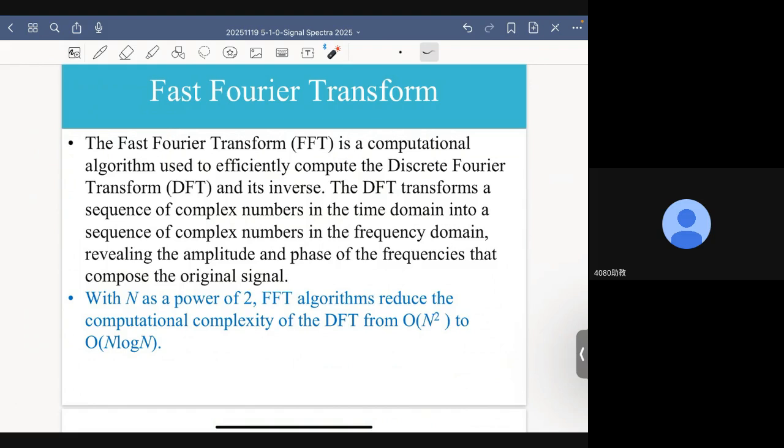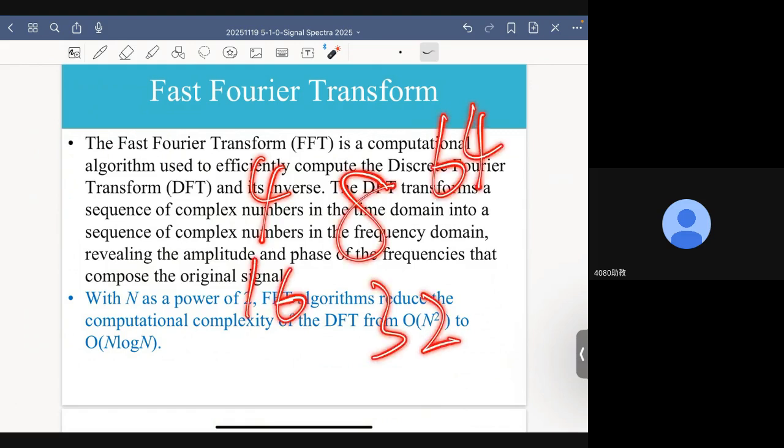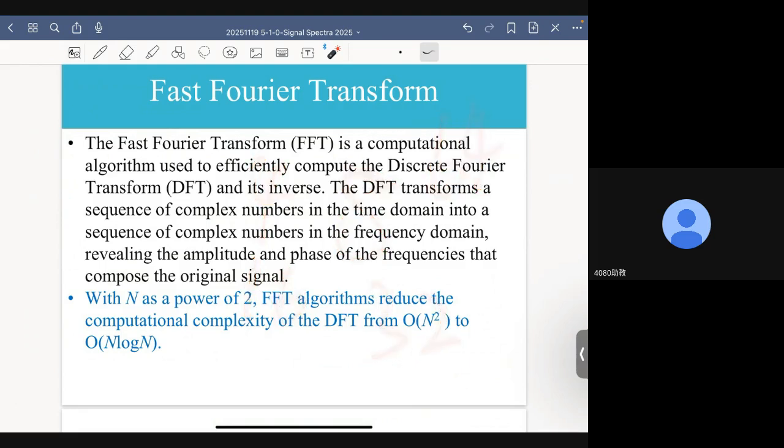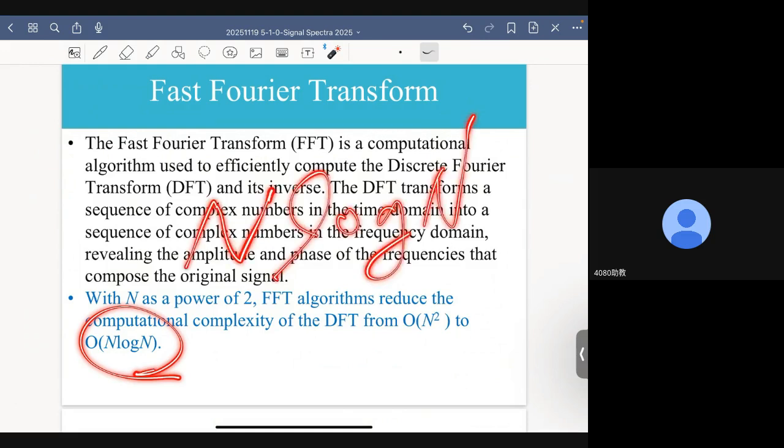But if I choose the number of sampling points to be a power of 2, let's say 4, 8, 16, 32, 64, you get the idea, the computational cost is proportional to n log n.